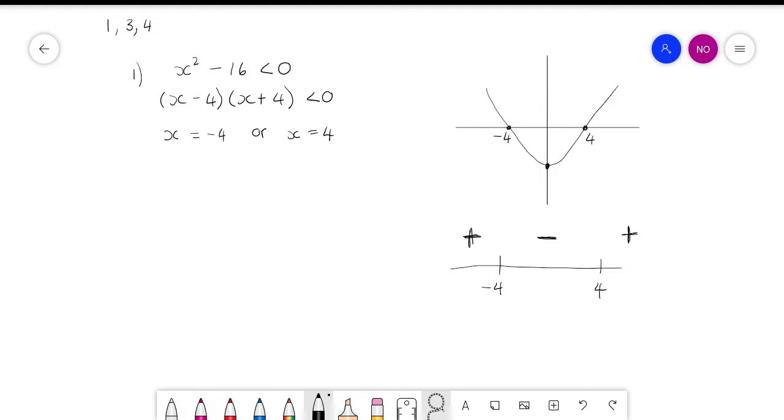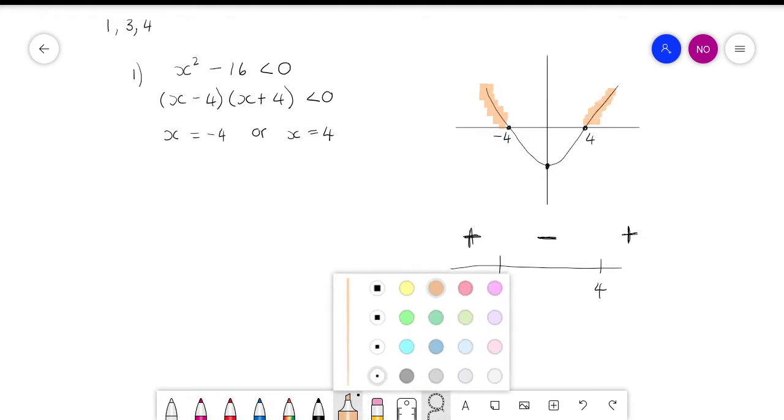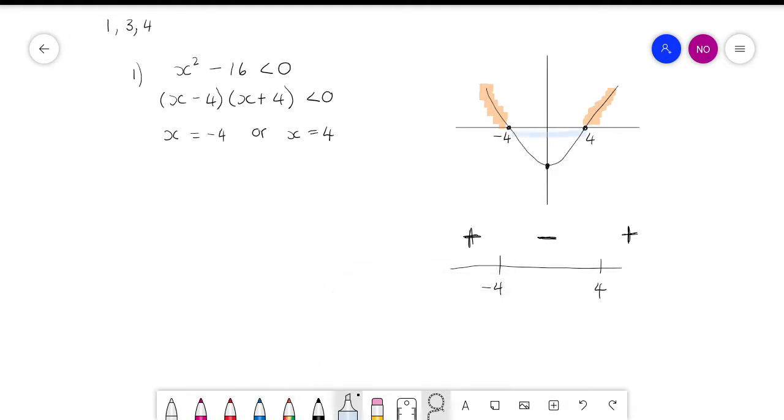Because it's a parabola, it will always be either plus minus plus or minus plus minus. Because it has a turning point. So it changes direction halfway through. But do you see it's plus minus plus? How do we see that? This part of the parabola is above the x-axis, so it's positive. This part is also above the x-axis, so it's positive. And this part in the middle is below the x-axis, so it's negative.